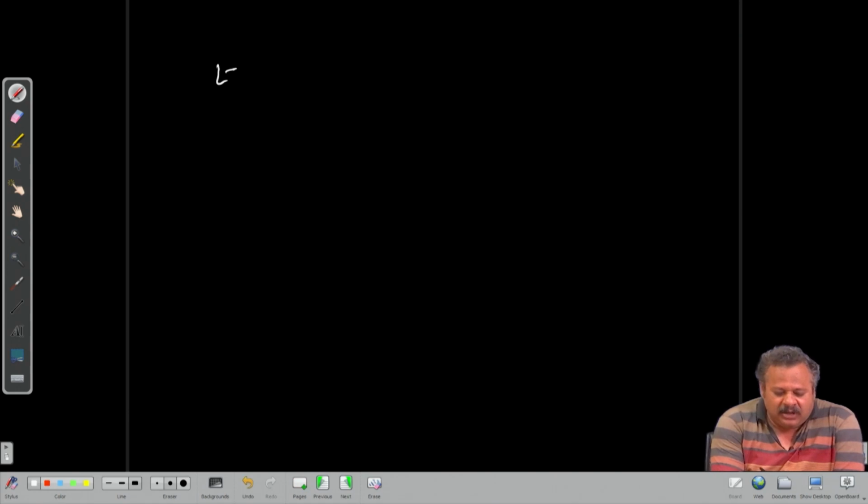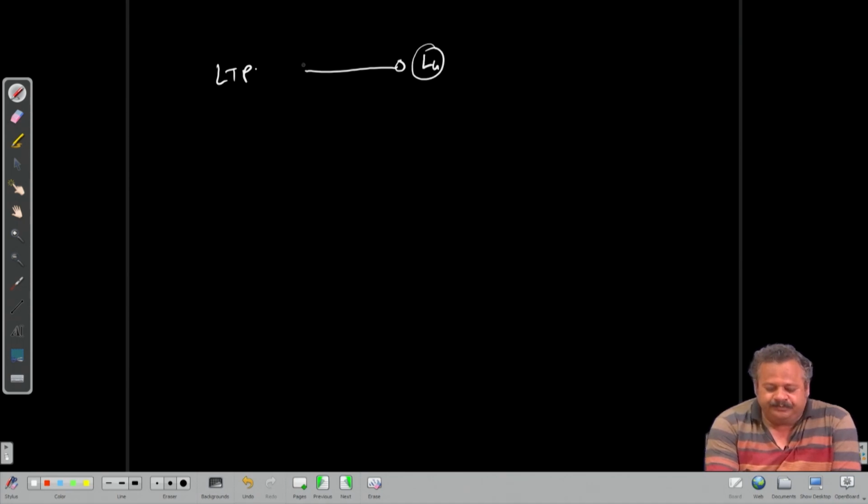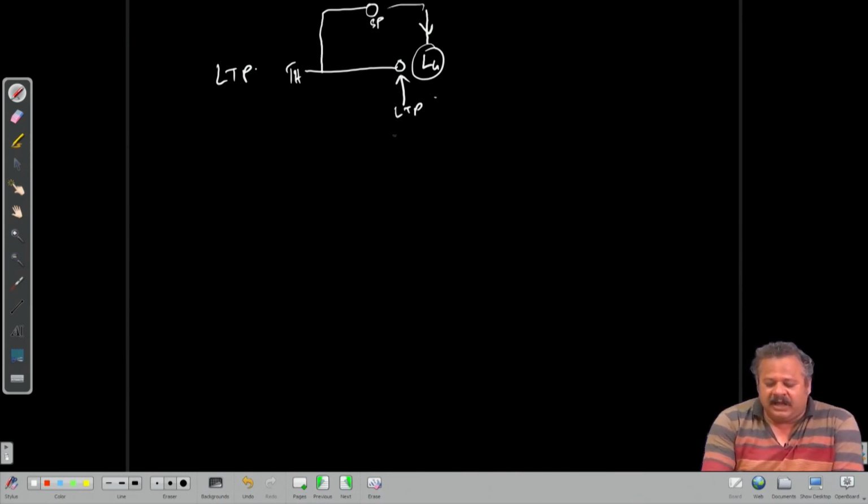So, if we go here, what is happening is we are getting long term potentiation initially at this thalamus to layer 4 neuron synapse, because of the pairing that is being caused by the same thalamic input via the subplate. This is being potentiated, LTP in this one. Now, as the thalamic synapse on layer 4 gets stronger, the thalamus itself is capable of making the layer 4 neuron fire action potentials.